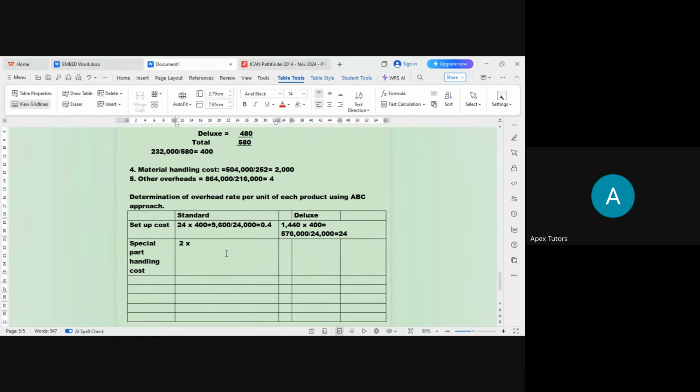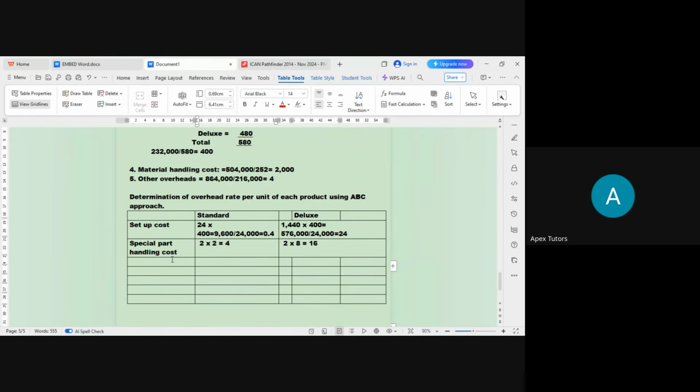When you multiply, it's already given per unit, so we don't need to divide by 24 for the loss. It will be 2 by 8, so we have 16.